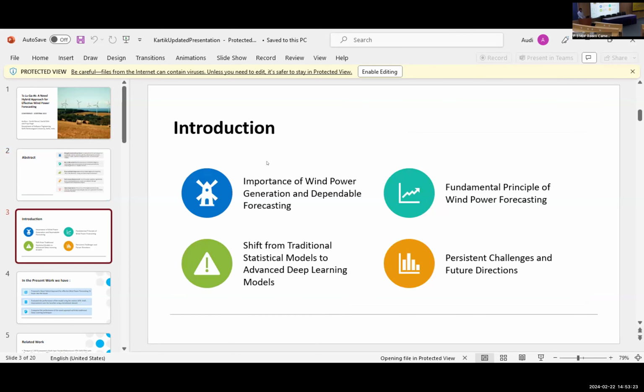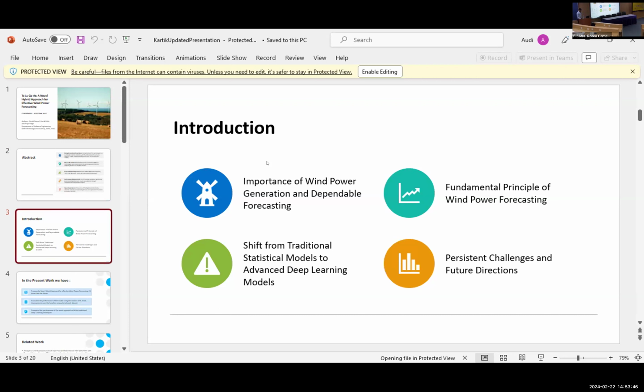So the introduction part. Wind energy is a clean and abundant energy resource that has no harmful impact on the environment. The fundamental principle behind wind power forecasting is that we need to predict the output that we can get from the wind turbines based on the wind speed, pressure, temperature, humidity, and various other factors.